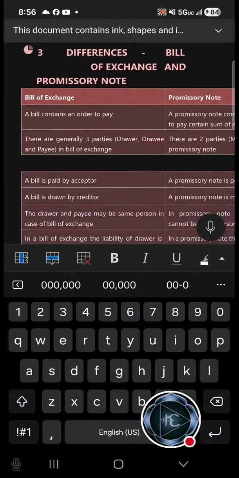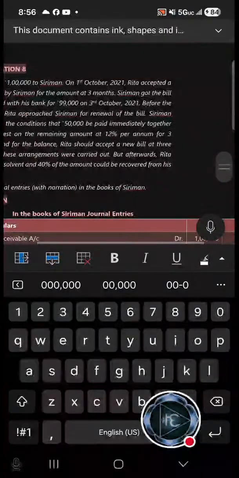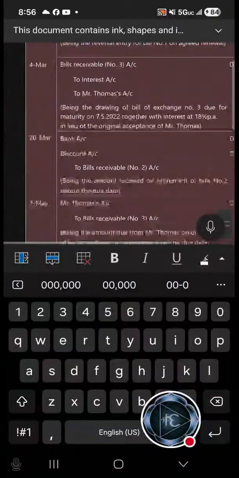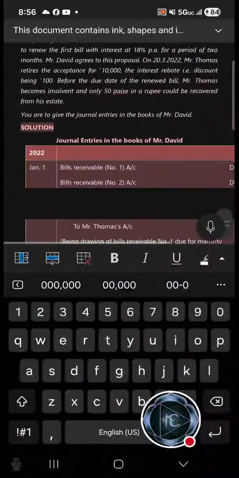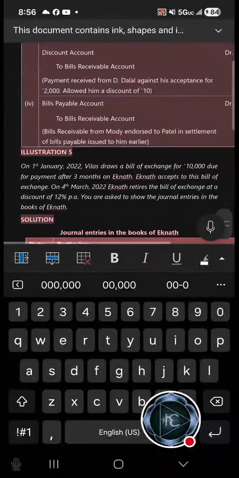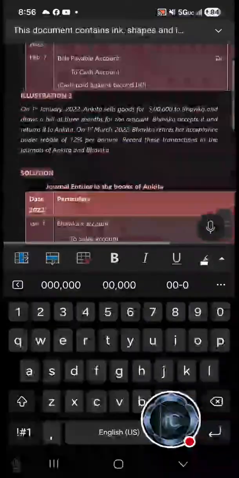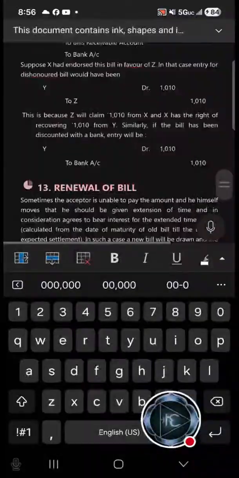There are generally three parties, drawer, drawee and payee, in a bill of exchange. There are two parties, maker and payee, in a promissory note.